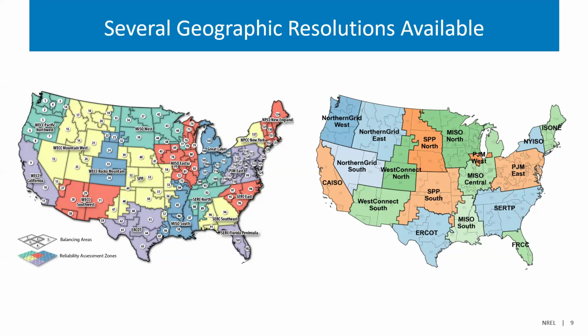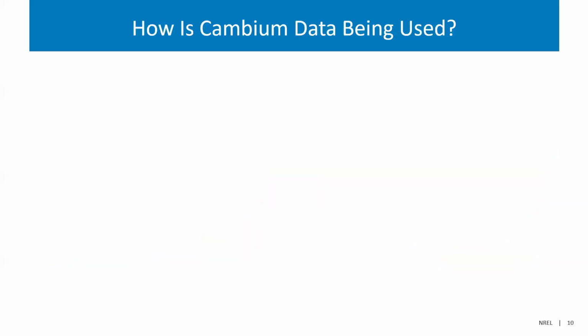There's no perfect region, but these are generally good regions for thinking about how the grid is planned and operated. So often the geographic resolution on the right is what people end up using. We also report the data for the country as a whole, though I don't show it. Depending on what you're trying to do, you may want to download different ones. Okay, examples. I want to talk a little bit about examples of how the Cambium data is being used.